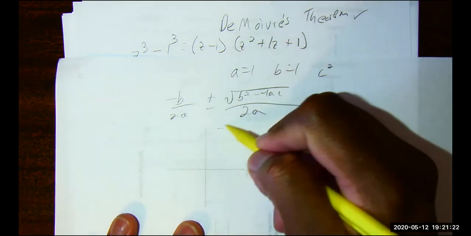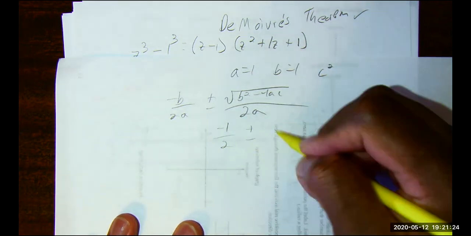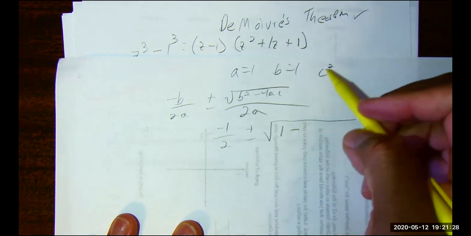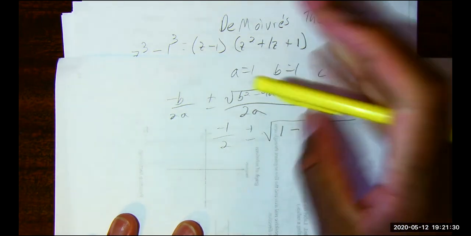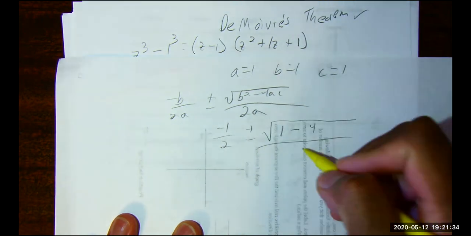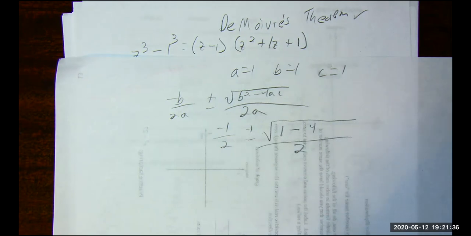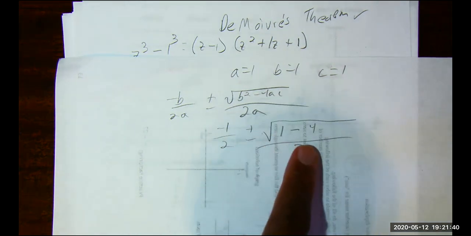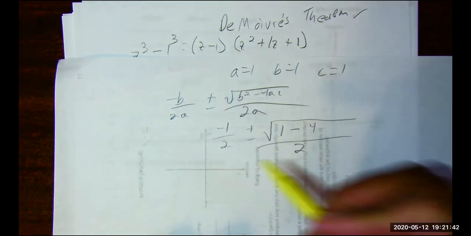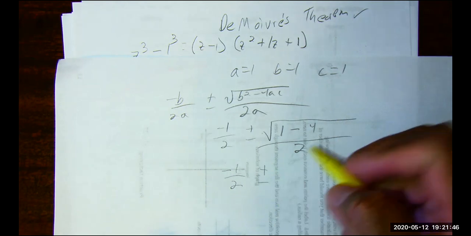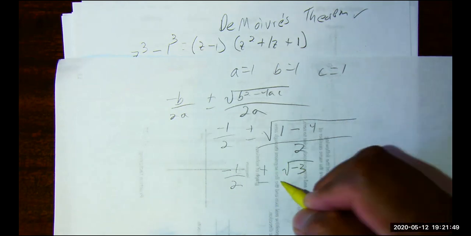So I have negative 1 over 2, plus or minus the square root of 1 minus 4ac, over 2. Let me make sure I didn't make careless mistakes. 1 squared minus 4 times a times c. Okay. So we get negative 1/2 plus or minus the square root of negative 3, over 2.